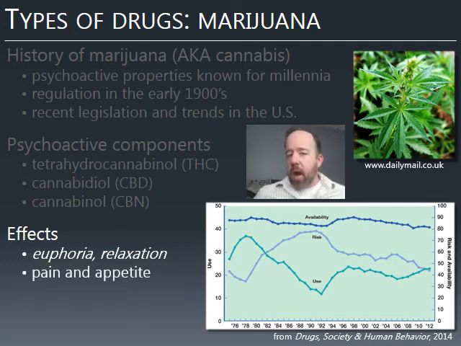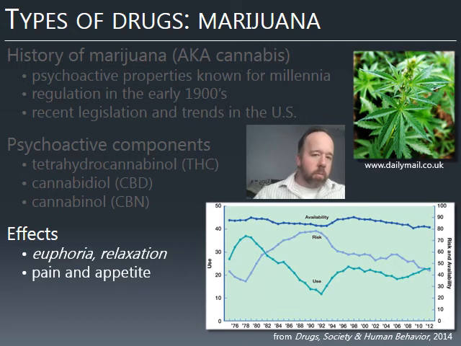Some of these compounds have an important effect on pain and appetite. They reduce pain and increase appetite, which is particularly important in terms of medical research for cancer patients. Cancer patients undergoing chemo often have pain, and they often have a loss of appetite due to treatment.